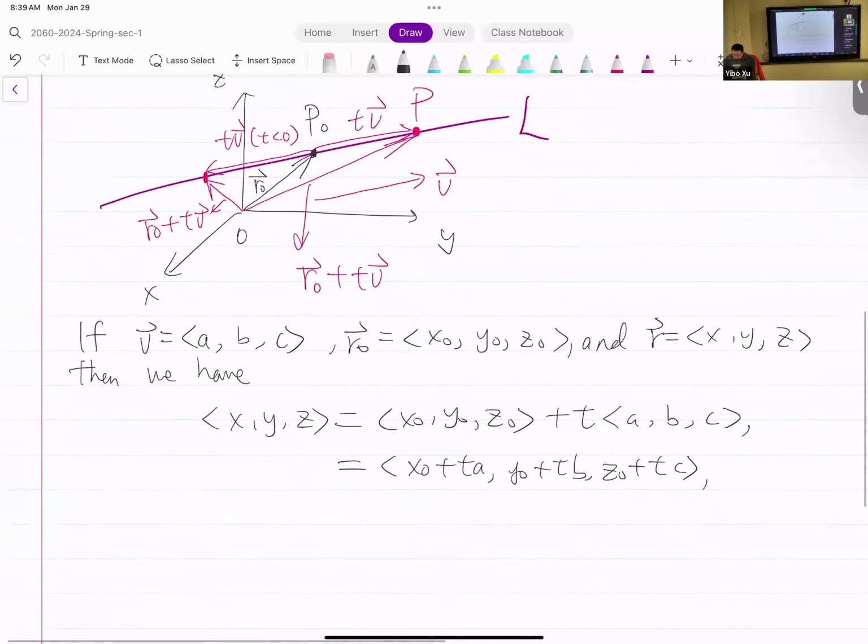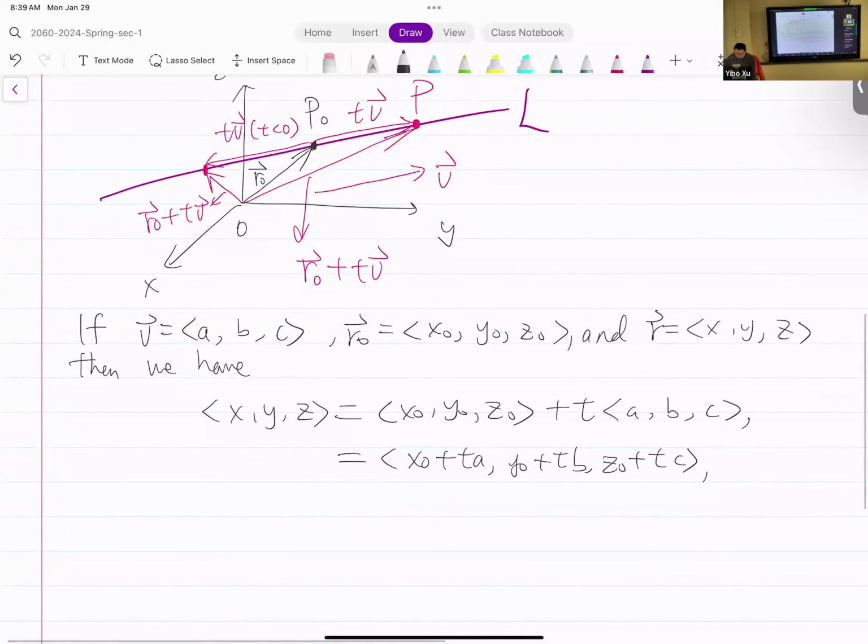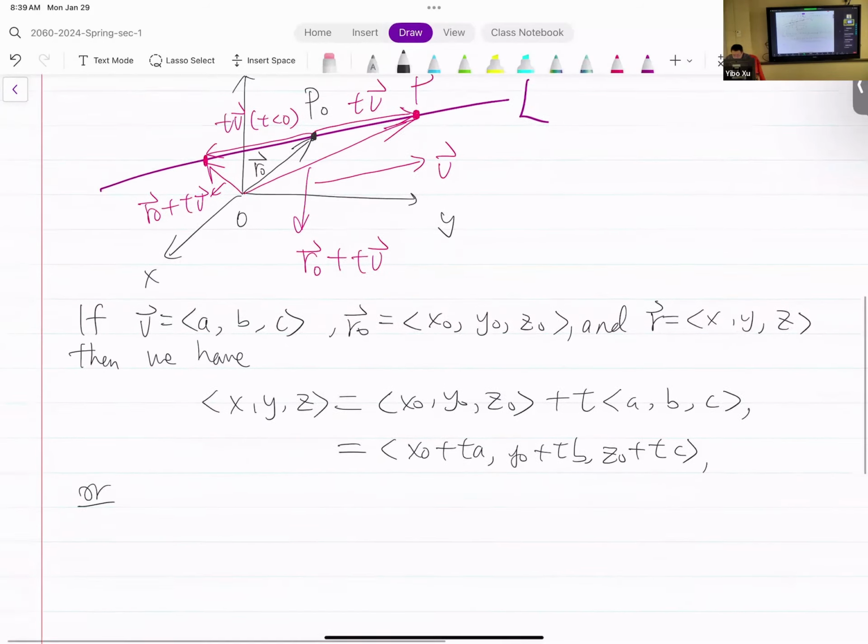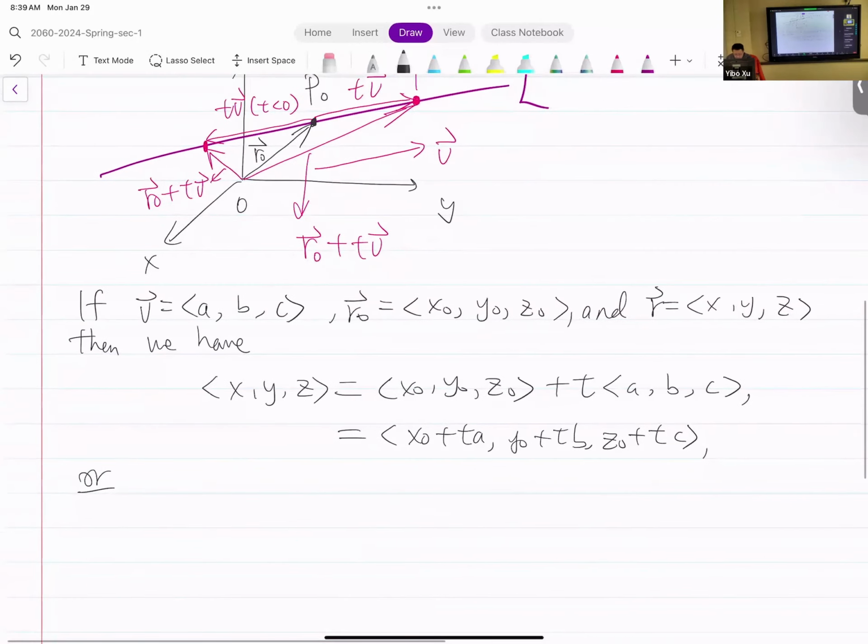So you can express it in another way, and that will give us the second equation, which is called the parametric equation of the line. So x must be x0 plus tA, and at the same time, y must be y0 plus tB. Finally, z must be z0 plus tC.